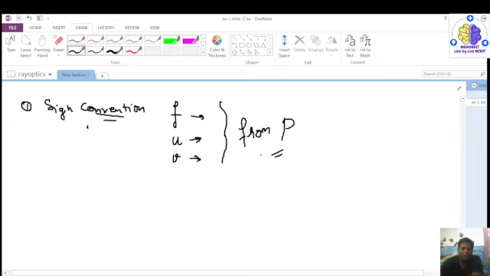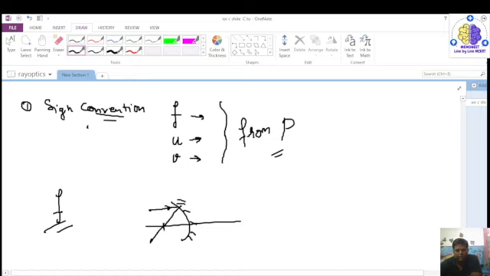So if I talk about focal length, what we saw is that for a concave mirror, the light ray parallel to the principal axis gets reflected at this point, and here it was the focus, right? And this is the pole. So while measuring this focal length, I will be moving from pole to focus, and this would be the focal length. So while measuring the focal length, I am moving in the direction opposite to the incident ray.